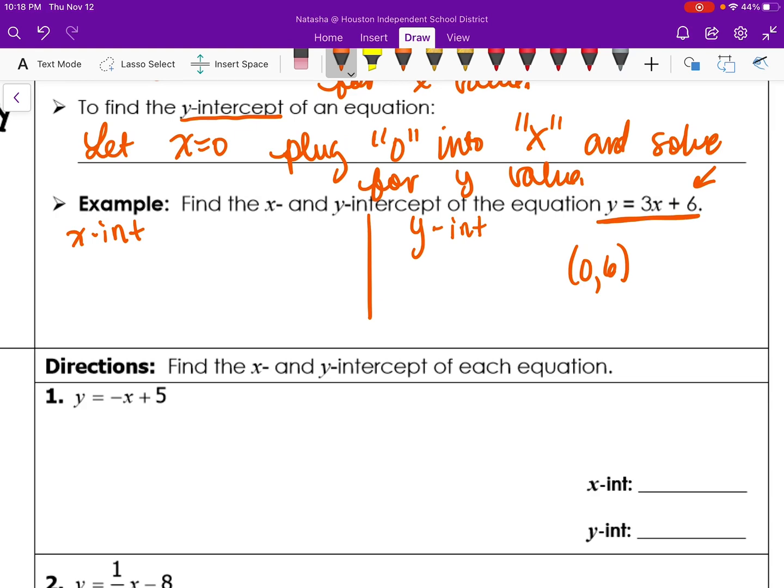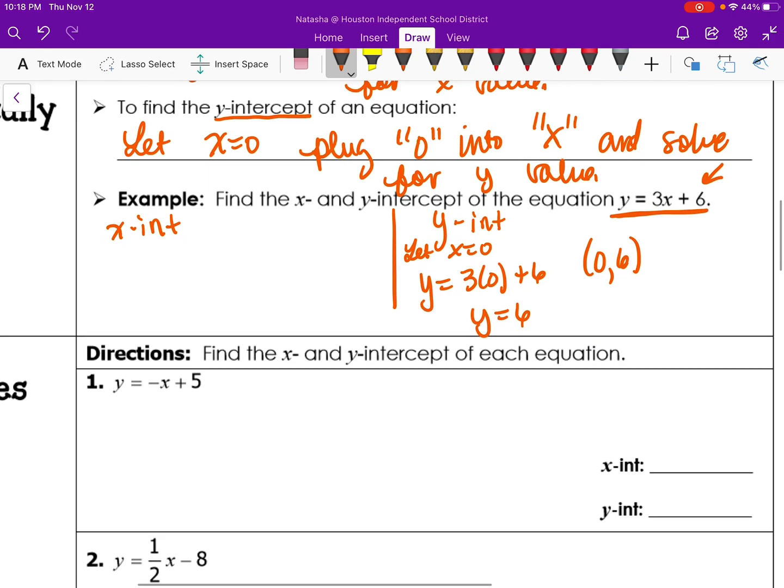Now, just real quickly, I want to show you why. So if we were to plug in x, we're going to let x equal 0. So if we're plugging 0 in for x, this would become y is equal to 3 times 0 plus 6. 3 times 0 is 0, so that would give you y is equal to 6. Okay? Now, we're going to let y equal 0.